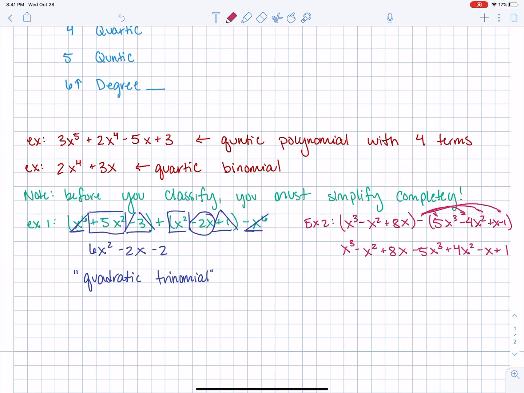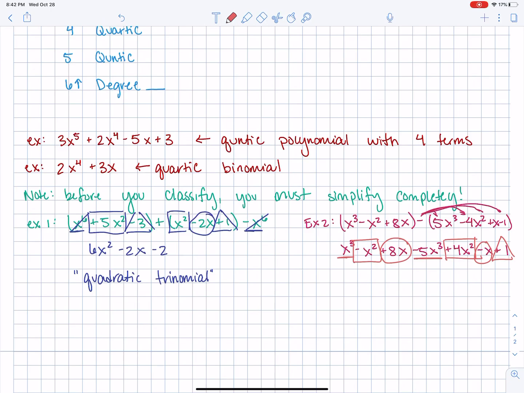And now I can go ahead and combine some like terms. So I have an x cubed minus 5x cubed. We have a negative x squared and a positive 4x squared. We have an 8x and a negative x, and then we have a positive 1.